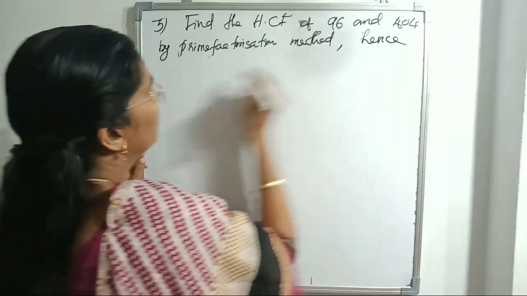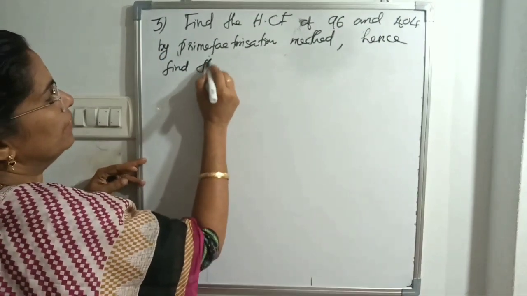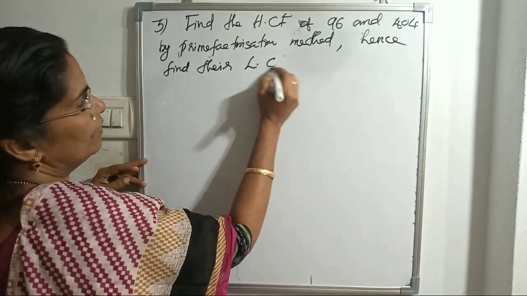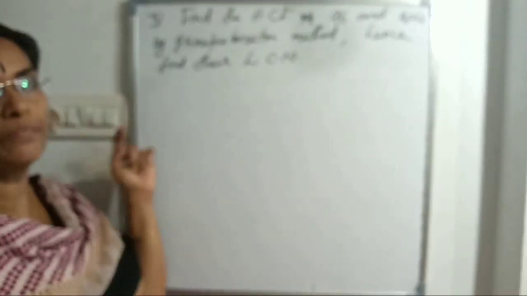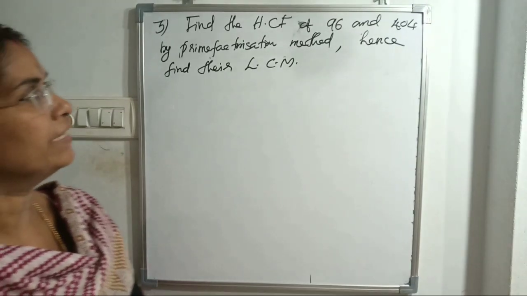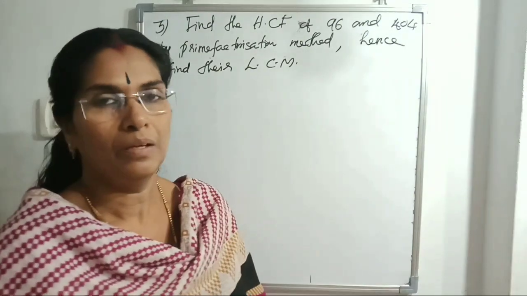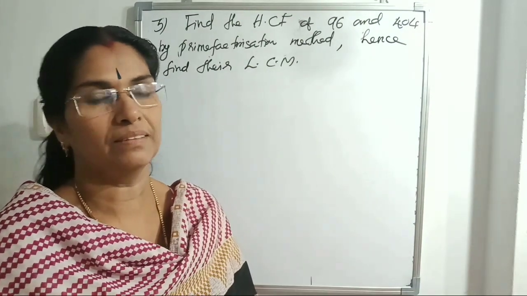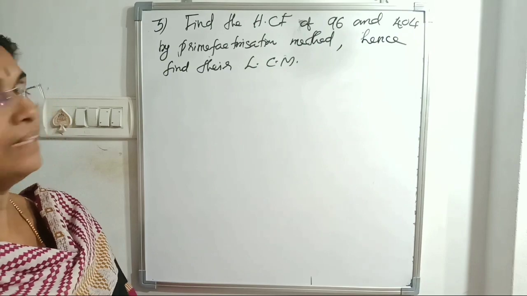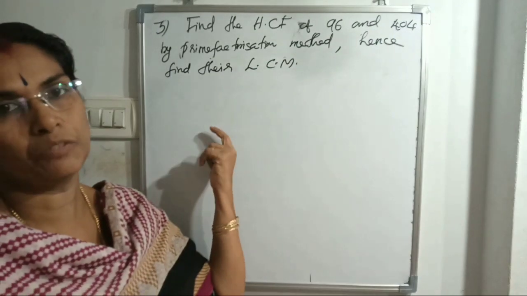Hence, find their LCM. Read the question one more time. Find the HCF of 96 and 404 using prime factorization method, and hence find the LCM by applying this formula.